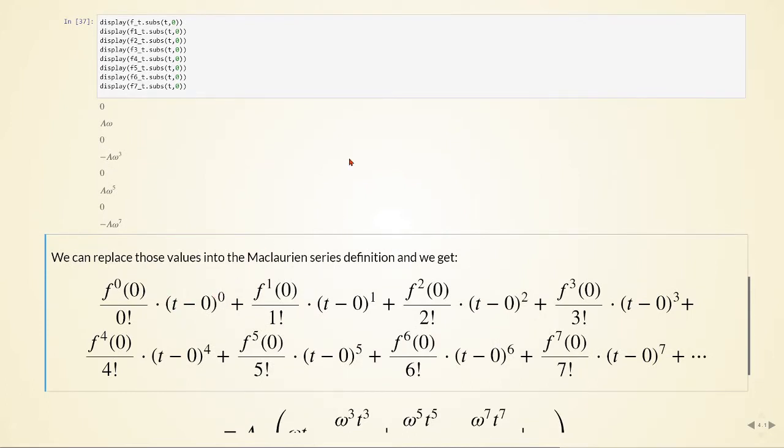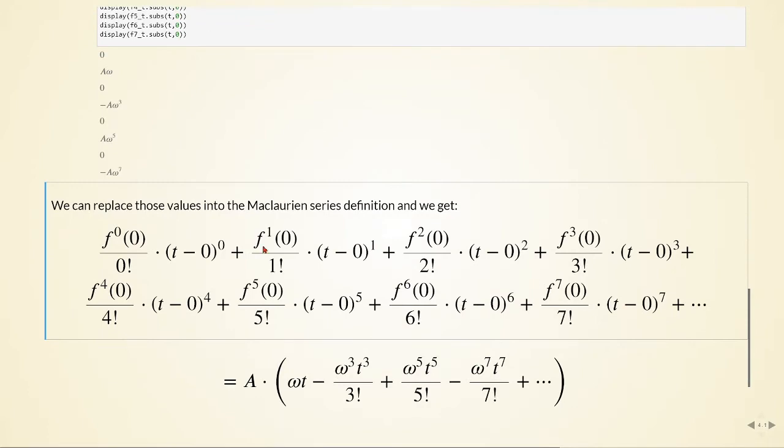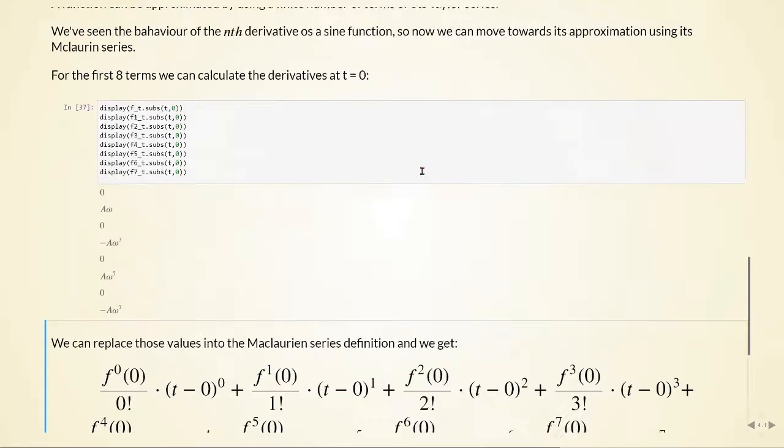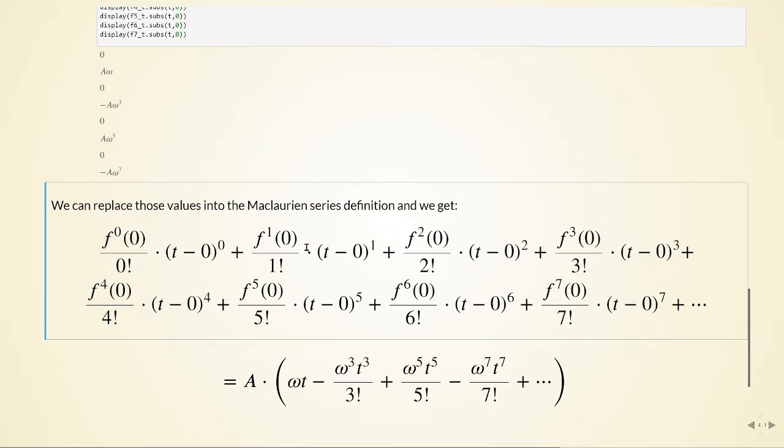Then when m is equal to 1, we will have the first derivative at point a, over 1 factorial, times x to the power of 1. In our case, that will be t minus 0 to the power of 1. And we do this for all the values.